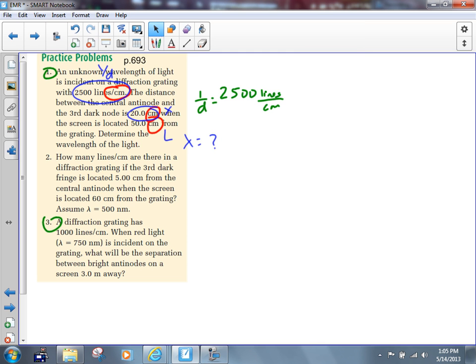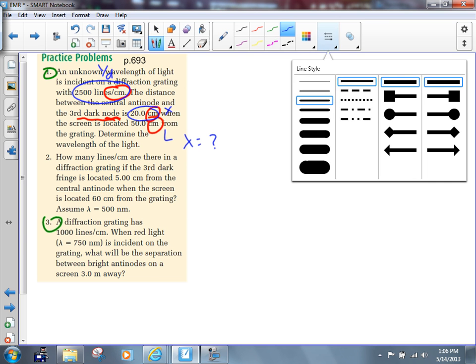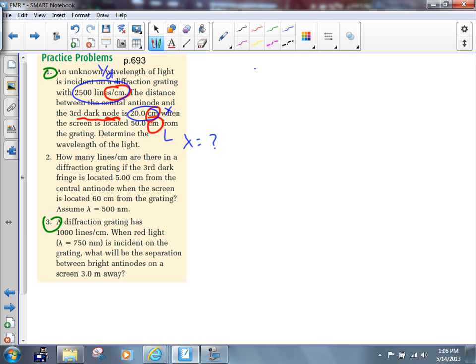It's probably not a bad idea even to circle the fact that this is a node as opposed to an antinode, dark spot. And when we're dealing with dark spots, we're dealing with something.5 for the value of n. What is the value of n there? If we're going from the central antinode to the third dark node, or from the central antinode to the third dark spot, what's the value of n? 2.5.